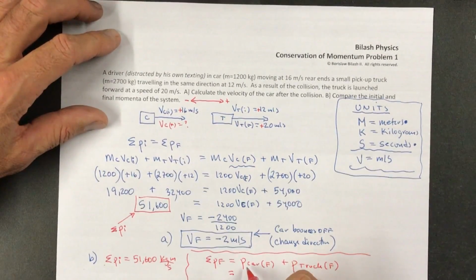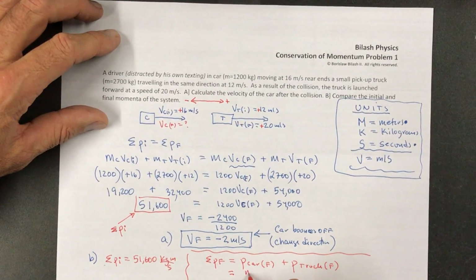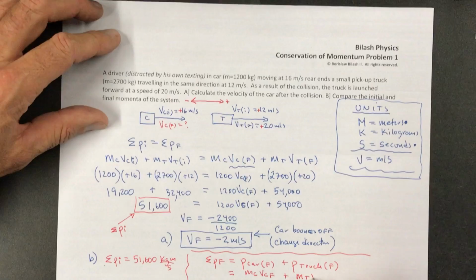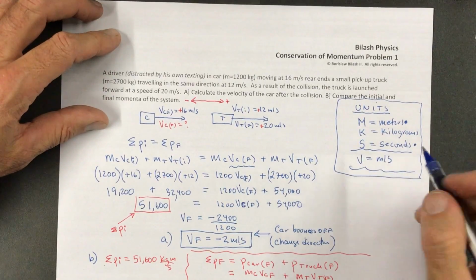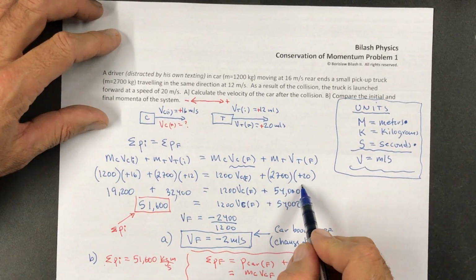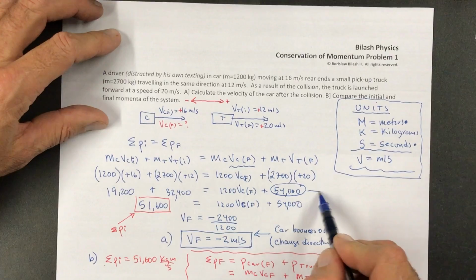And that's going to be equal to mc VC final plus mt VT final. But this part right here, we've already figured that out. That's going to be equal to this number right here.